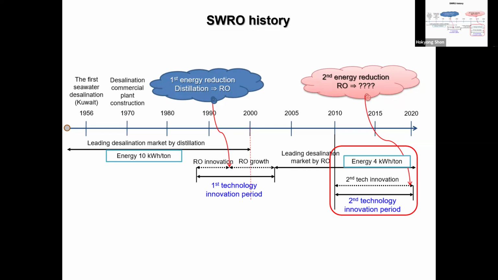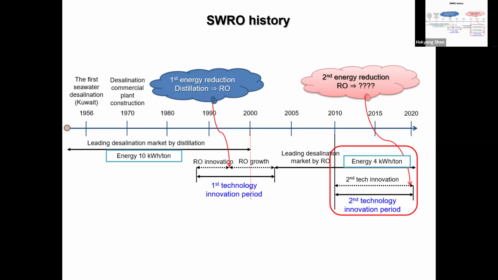So they decided, we need to look at a different way, otherwise oil will capture our drinking water. So they decided to develop a new technology, the reverse osmosis membrane. This is operated by electricity rather than oil. So, 1956, first desalination plant, Kuwait, and the commercial desalination plant happened in 1970.